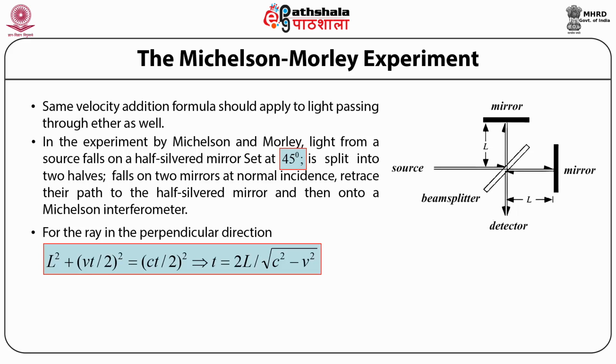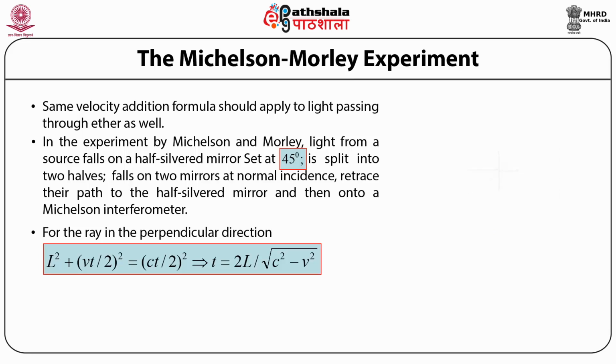So it becomes a right angle triangle, and the equation can be written as L square plus (v times t divided by 2) whole square equals (c times t divided by 2) whole square.